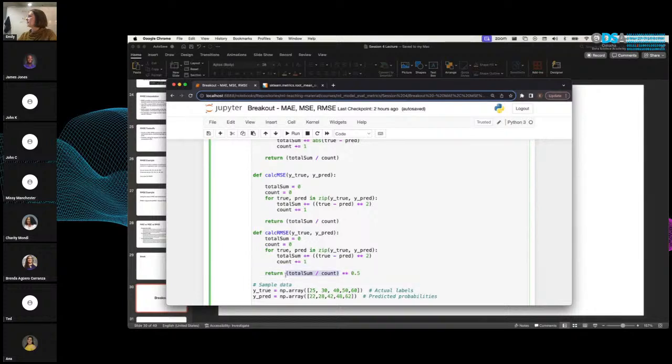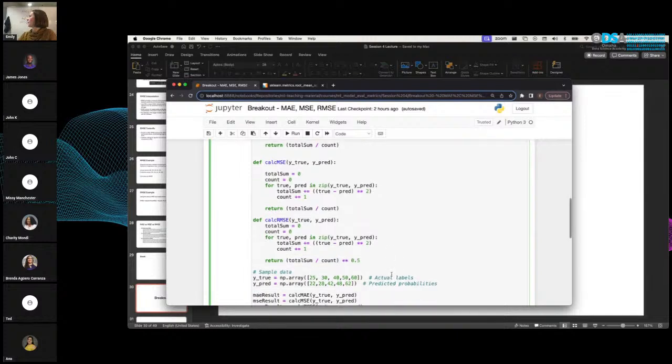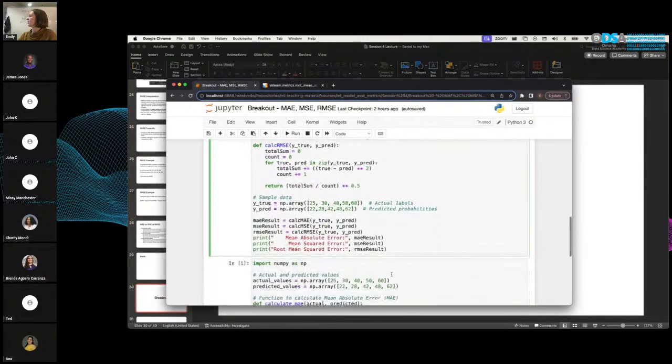But then at the end, we're raising that to the power of 1/2. Raising to the power of 1/2 is the same thing as taking the square root. If you guys don't remember that from math, raising to the power of 1/2 is the same thing as taking the square root. Okay, excellent. This is great.